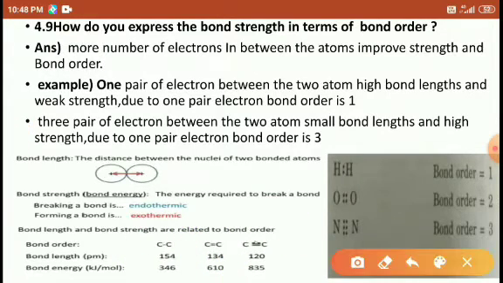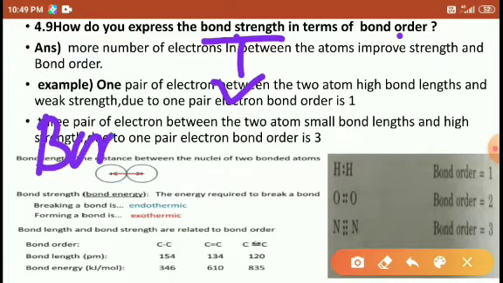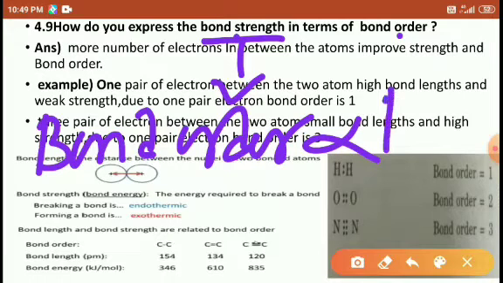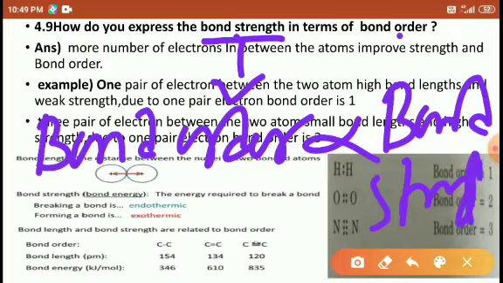So the bond strength depends upon the bond order. I will write here: bond order is directly proportional to bond strength. If bond order is high, bond strength is high. Right, friends?